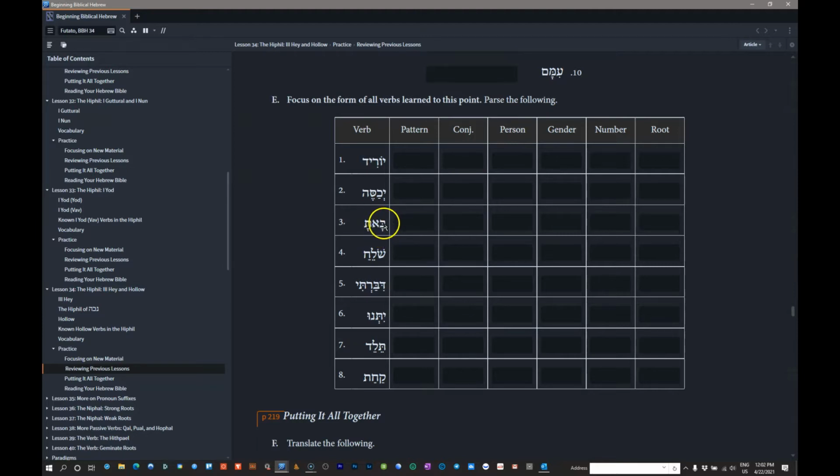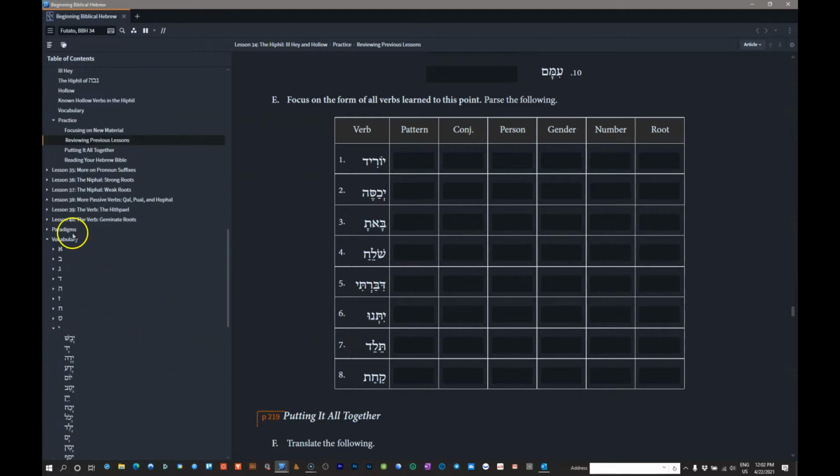Now, usually in the perfect, we're going to see a patach. So you might think that the kametz indicates that this isn't Qal. But the problem is the root here, the aleph. The aleph is what causes this to lengthen to the kametz here.